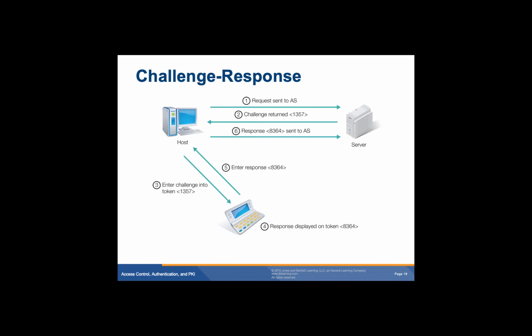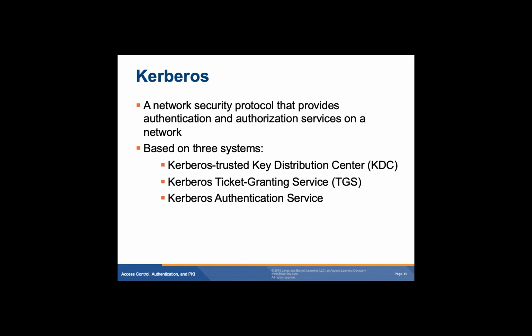There's also a challenge response mechanism in routing as well. So Kerberos was invented by MIT a few decades ago. It's a network security protocol that provides authentication and authorization services on a network. It's based on 3 systems: the Kerberos Trusted Key Distribution Center, the KDC, the Kerberos Ticket Granting Service, TGS, and the Kerberos Authentication Service.